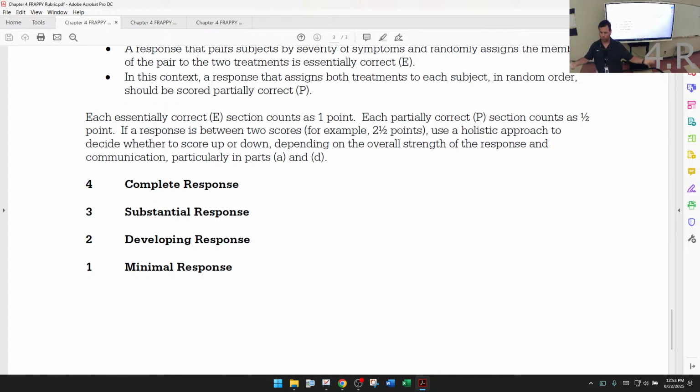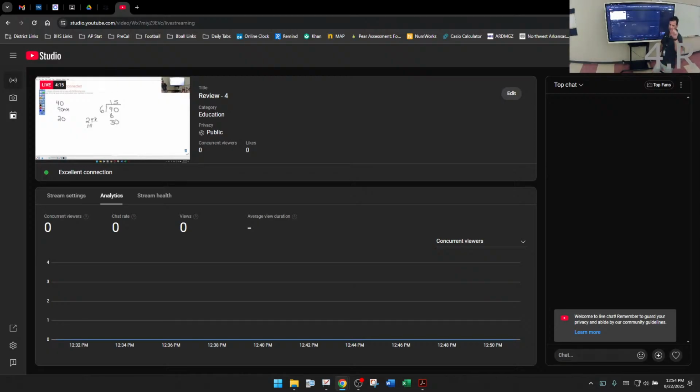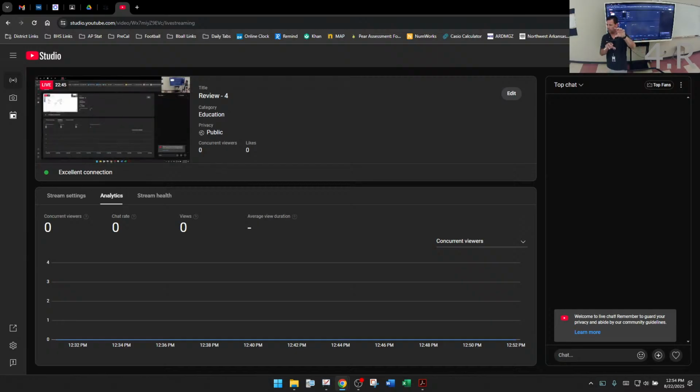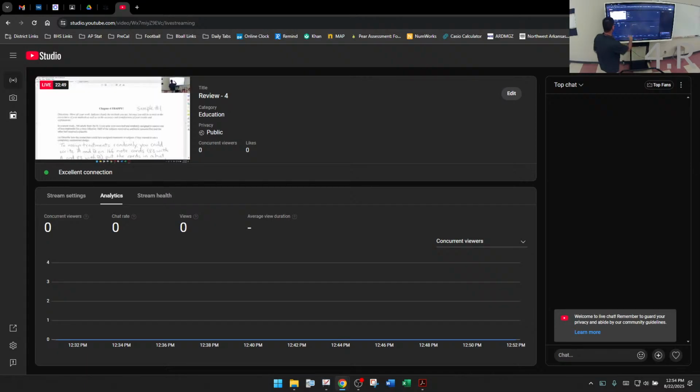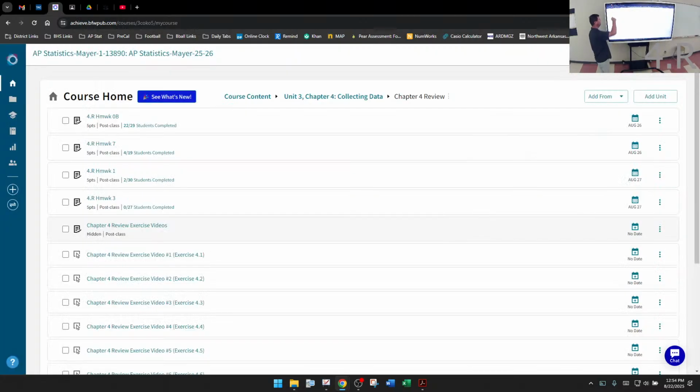All right, this is what I have for you guys. I went back because I had some students that were confused about the 4.1 Ls, right? The Ls you don't have to do if you did the 4.1s. But if you can't remember, I put them back to where you can see them.